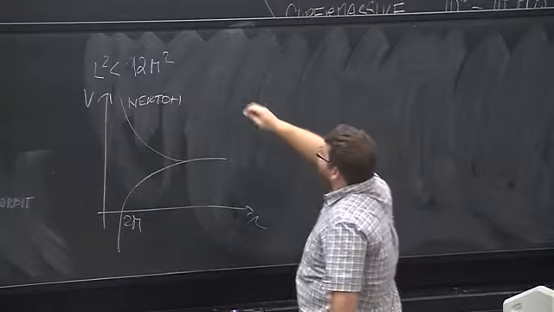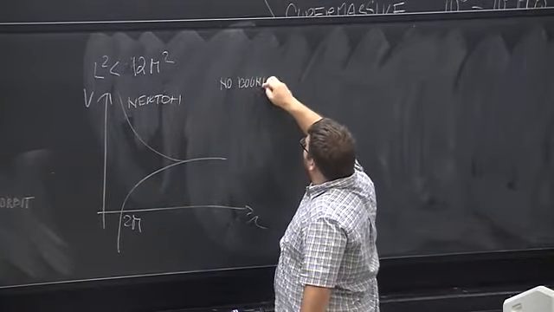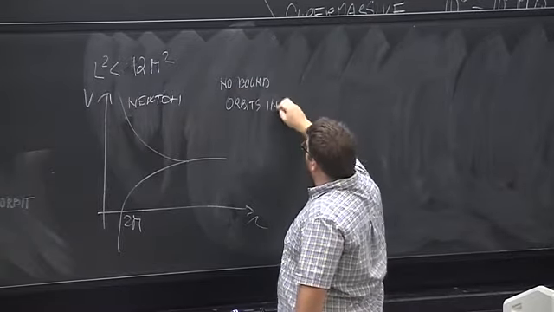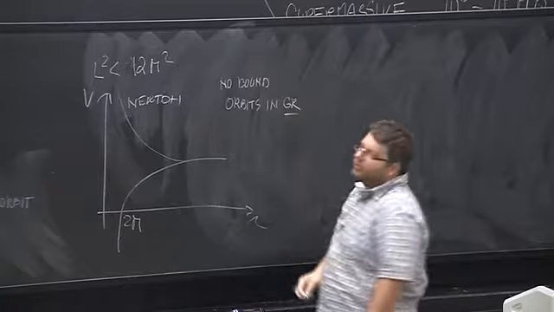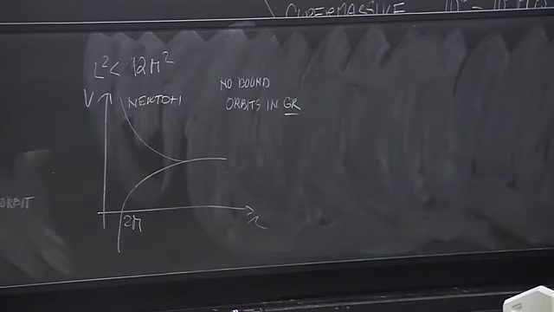So no bound orbits in GR. Simply, if your angular momentum is too small, you are sucked in by the potential, and you go all the way to r equals 0.